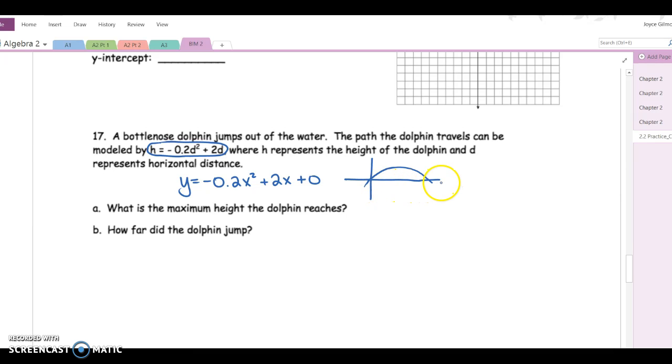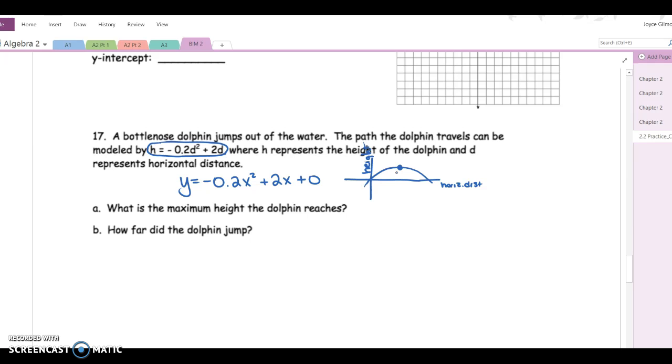So if the x-axis represents the horizontal distance, the y-axis represents the height. So if you can find the vertex, and I know that you know how to find the vertex from standard form, if you find the vertex, you have all the information you need to answer A and B.